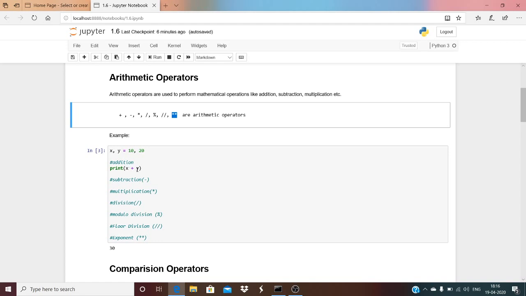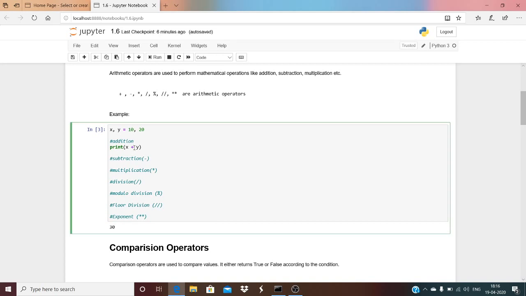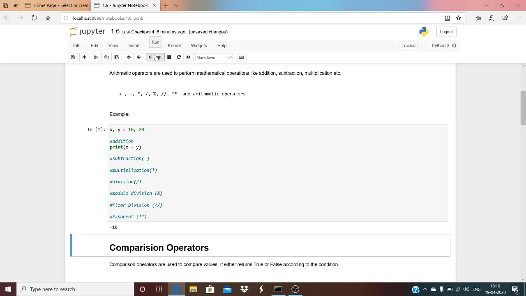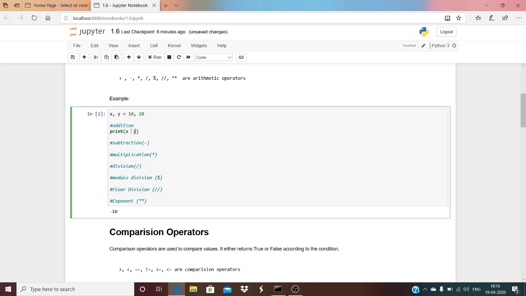So in addition, we take x and y two variables, x plus y, we get output 30. Similarly, x minus y, if we do, we get output minus 10. Obviously 10 minus 20. And when we use arithmetic operator, this operator is for multiplication.